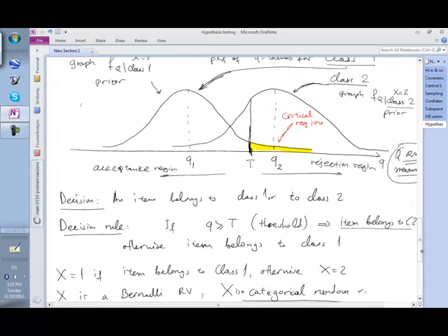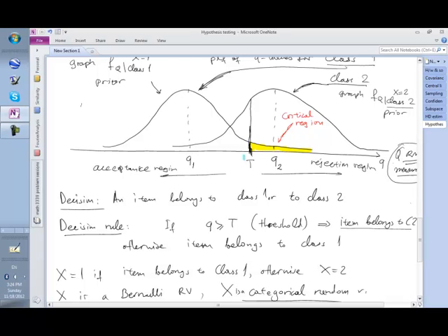How am I going to calculate that quantity? Let's take now the blue. Now, the value of Q is to the left of T, so it should be somewhere here. So the value comes within the so-called acceptance region, not the rejection region or critical region. Rejection and critical are the same.